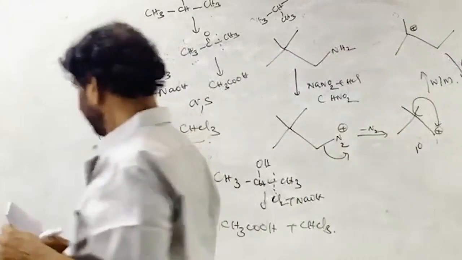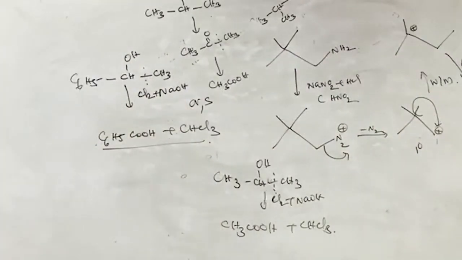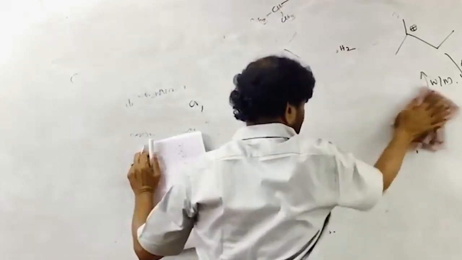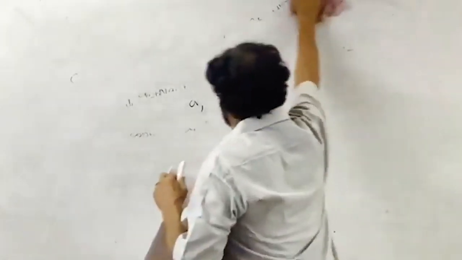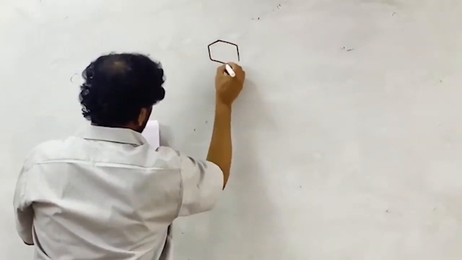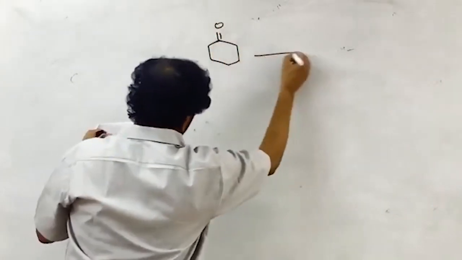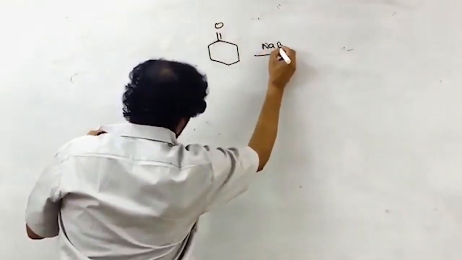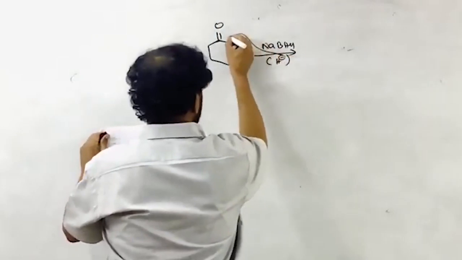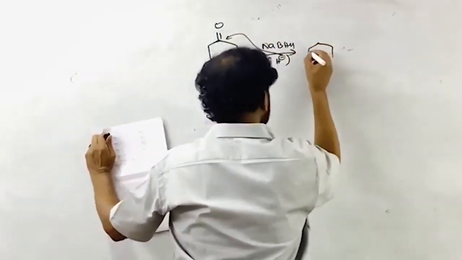Next one is important. Here you check. If you take this compound and treat it with sodium borohydride, which supplies the H- ion, this goes and attacks here and a complex is formed.